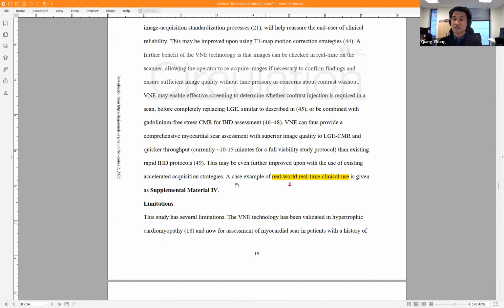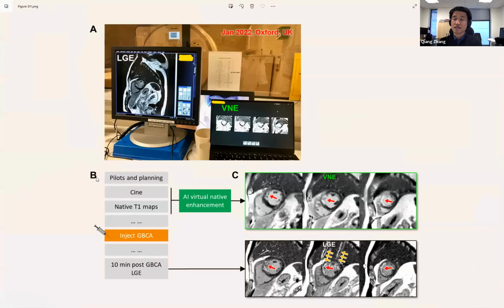And finally, we also demonstrated with a case example of real-time clinical use. This is a patient with an episode of chest pain, referred to CMR for a scan for viability assessment.